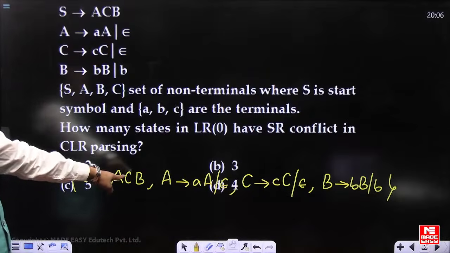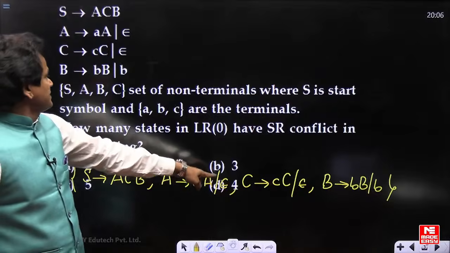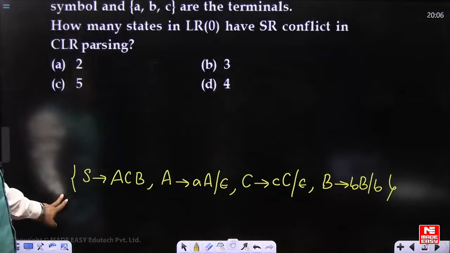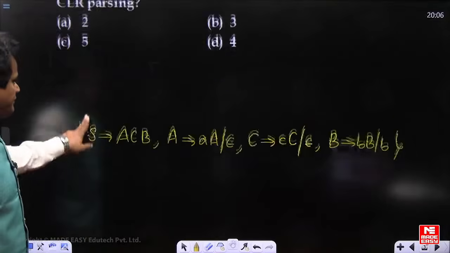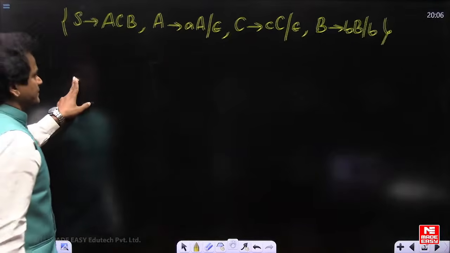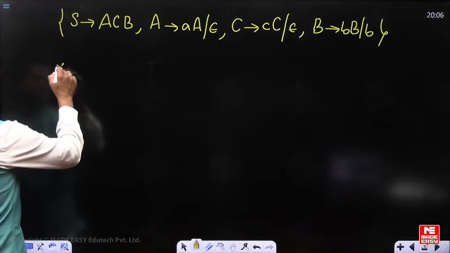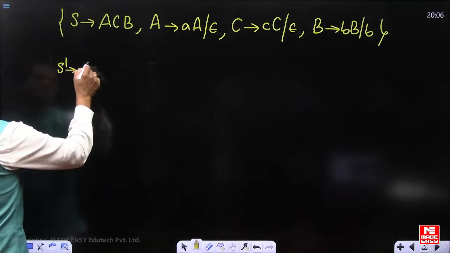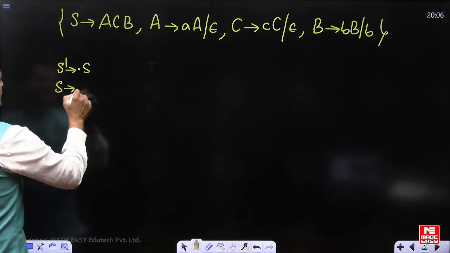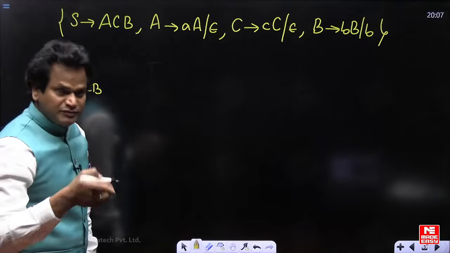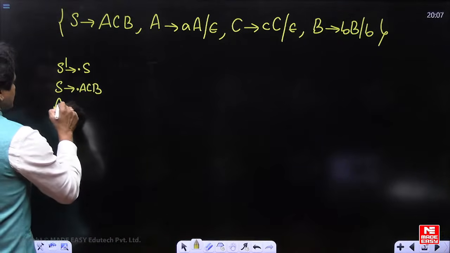S derives ACB, A derives AA and epsilon, C derives CC and epsilon, B derives BB and b. So we have to consider the complete LR(0) states. Initially, S' derives dot S, and S derives dot ACB. With a dot before a non-terminal, we must add its productions.